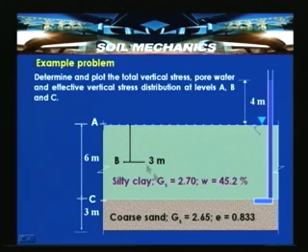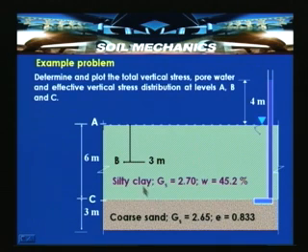The problem statement is as follows: determine and plot the total vertical stress, pore water pressure and effective vertical stress distribution at levels A, B and C shown in this cross-sectional diagram. So, here in this slide, two layers of soils are shown.